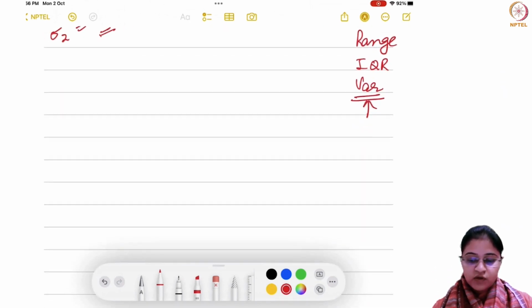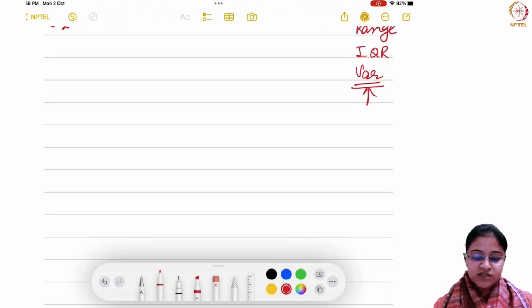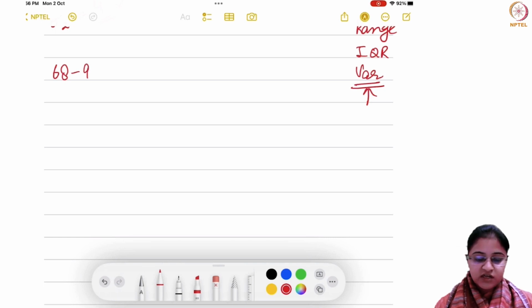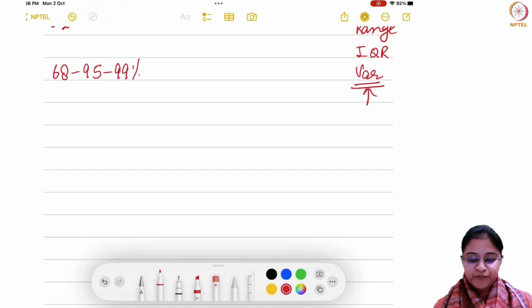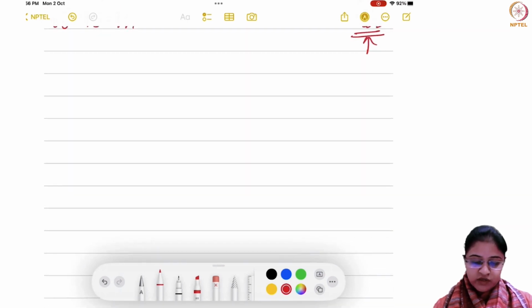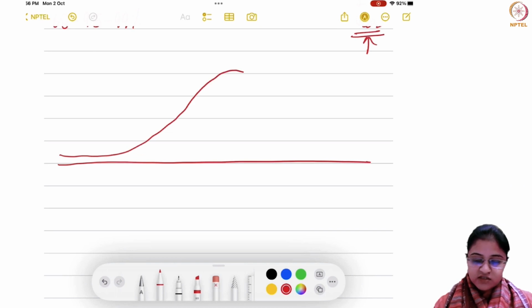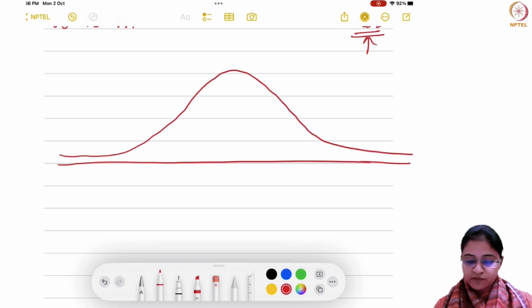And now let us see a standard rule of thumb, which is referred to as the 68, 95, 99% rule. So it says that if you have a bell-shaped data set, that is, it follows a symmetric distribution, then this is your mean, right?